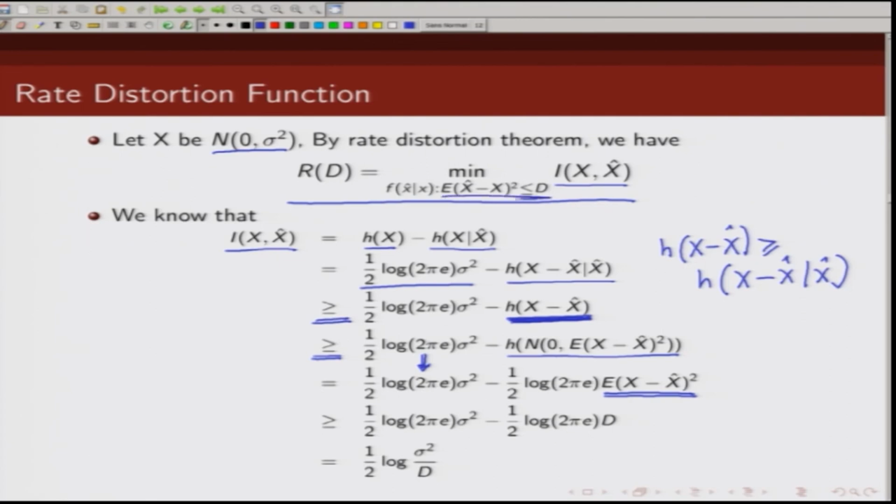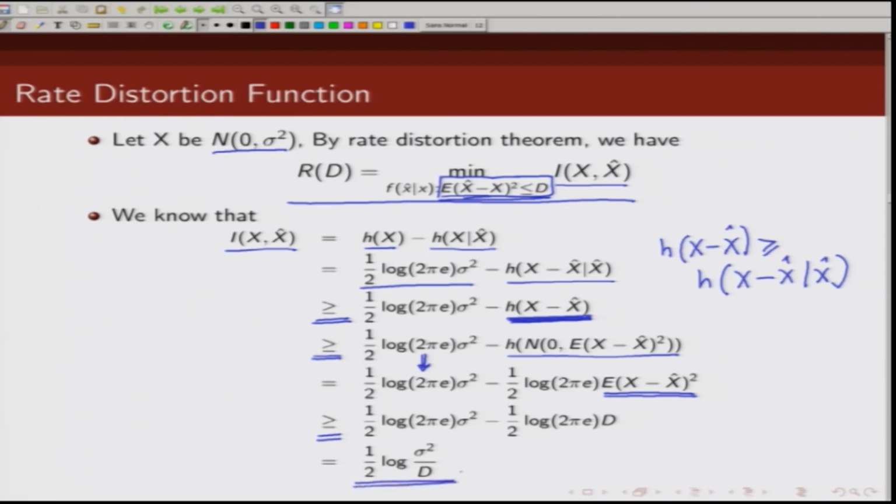This is upper bounded by D. So, then we can write the mutual information between X and X hat to be half log of 2 pi e times sigma square minus half log 2 pi e times D. That is because the expected value of X minus X hat square is upper bounded by D. And then combining these terms, we get this.